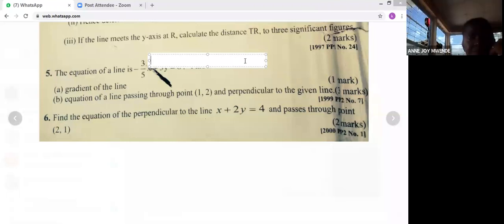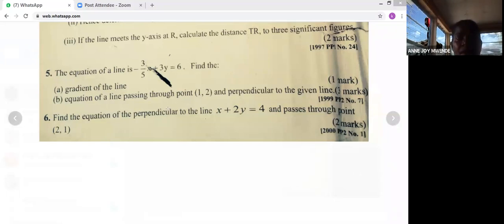So you have, okay, is that line visible to you?